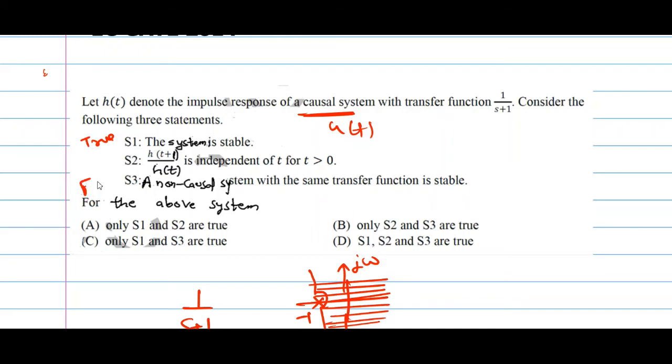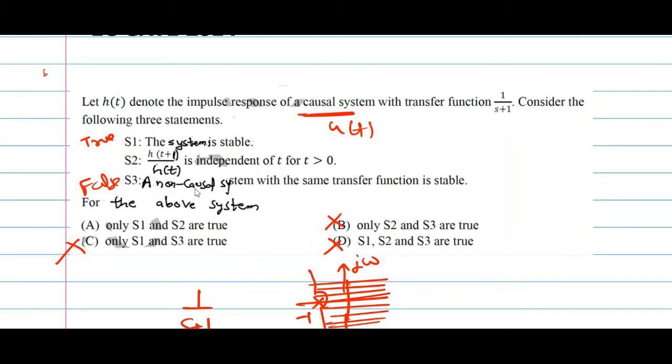Now I think you can answer this question, because if you look at the options, it is not mentioned that only S1 is true. Let's look at the options. S1 and S3 are true, so this option is incorrect. S1, S2, S3 are true, this option is incorrect. S2 and S3 are true, so this option is also incorrect, because S3 is false.